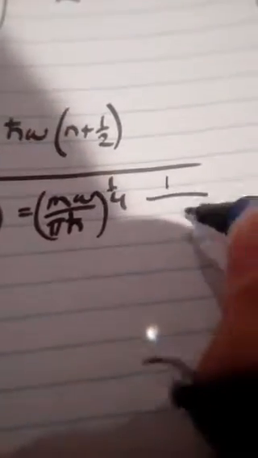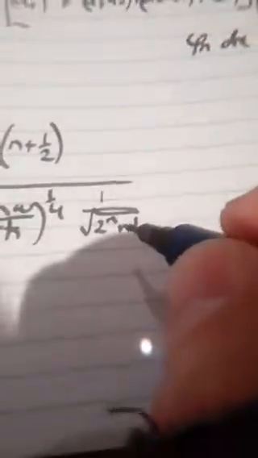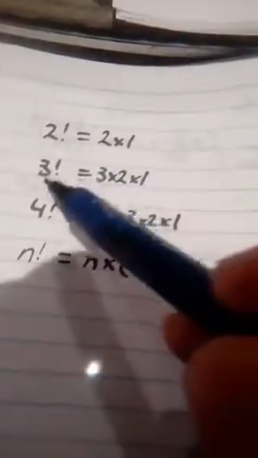Okay, so we've done that one before. Multiplied by 1 over the square root of 2 to the n factorial. We showed you what factorials are. I'll just remind you: 2 factorial, 2 by 1. 3 factorial, 3, 2, 1. 4 factorial, 4 by 3 by 2 by 1. N factorial, n by n minus 1 by n minus 2, and so on, all the way down.